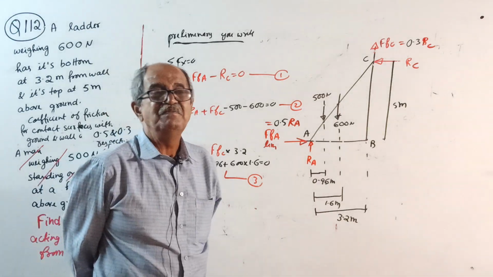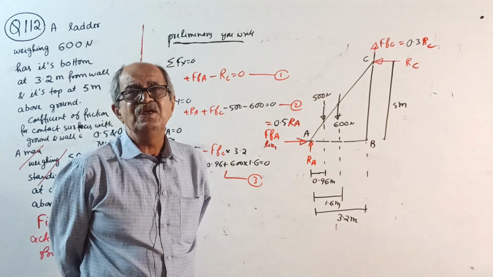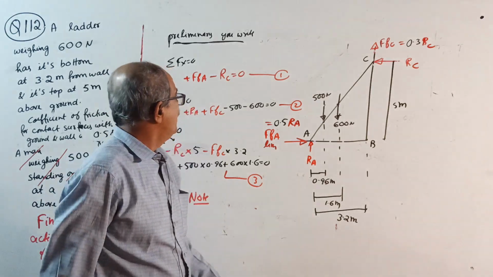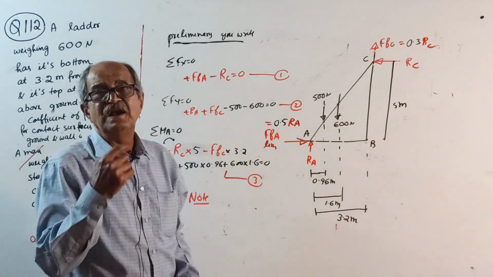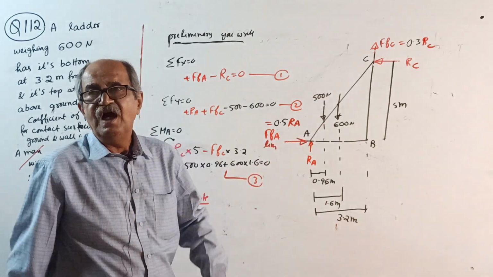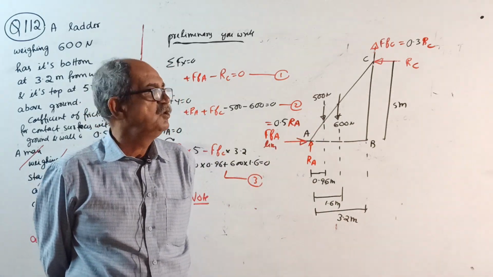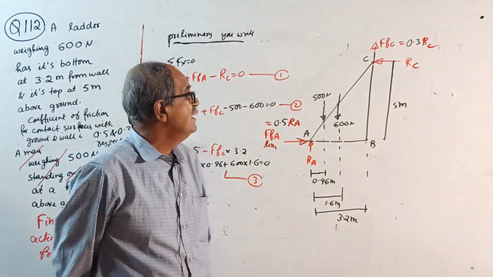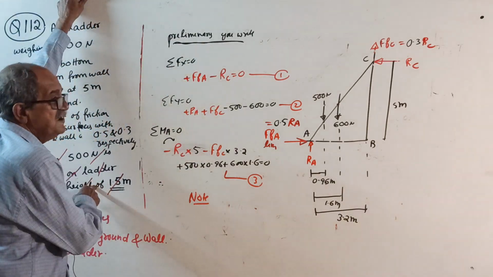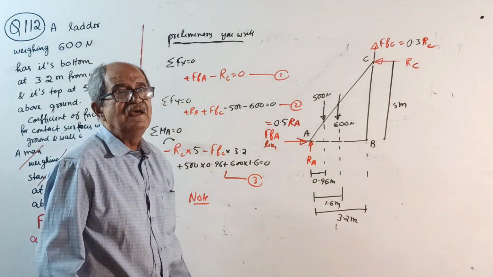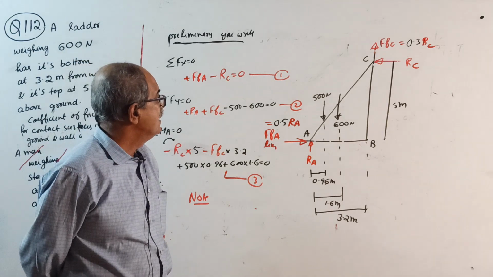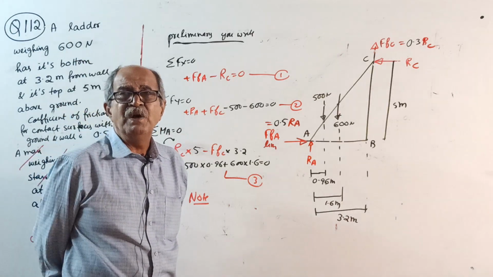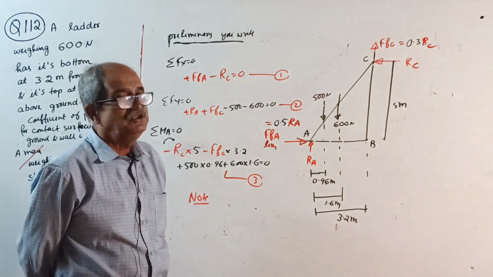Then I will tell him, sir, earlier you gave the question where limiting is not mentioned. I took 4 unknowns. I told we cannot solve. Okay. Then you brilliantly told the idea, change the data to: it is found that when a man weighing 500 Newton is standing at a height of 1.5 from above the ground, it is on the verge of slipping.